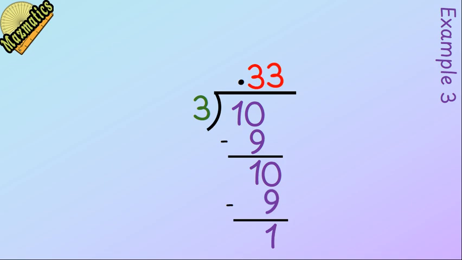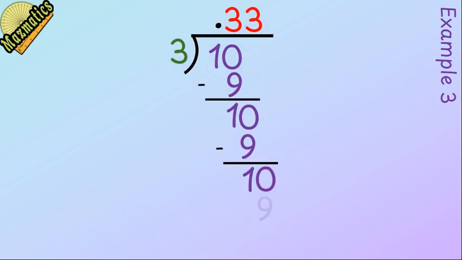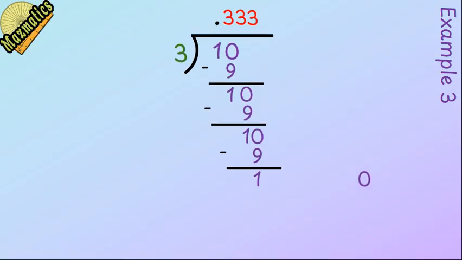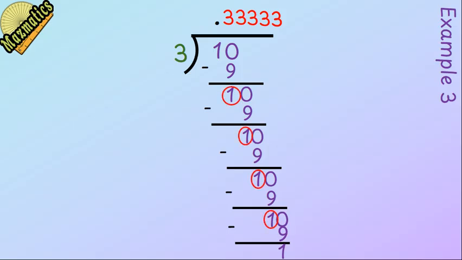It will go on forever. The same remainder keeps repeating and so does the digit 3. That's why we write the answer as 0.3333 and so on.